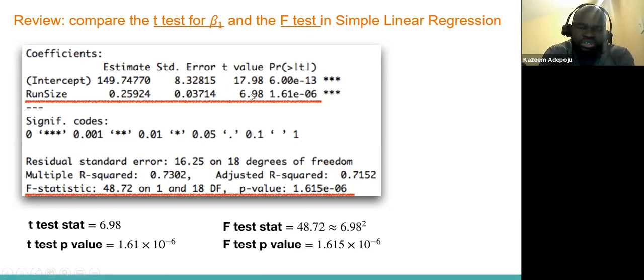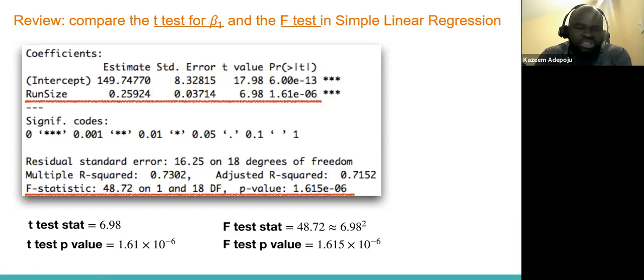This is going to be your test statistic value. When you are testing the significance of beta 1 using the t-test, that is why this is coming under the t-value. I told you how I got this: it is this divided by that. And this is the p-value associated with that. So right here, this is telling us that beta 1 is significantly different from 0, using the p-value right here when you compare with the 0.05 level of significance.